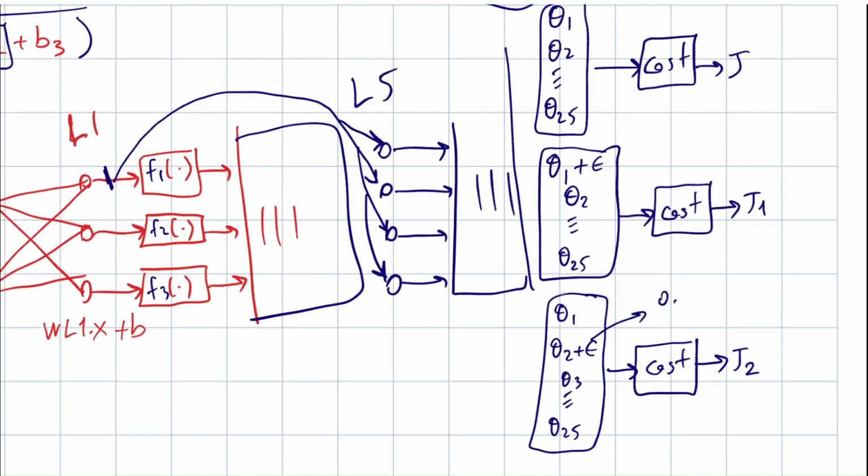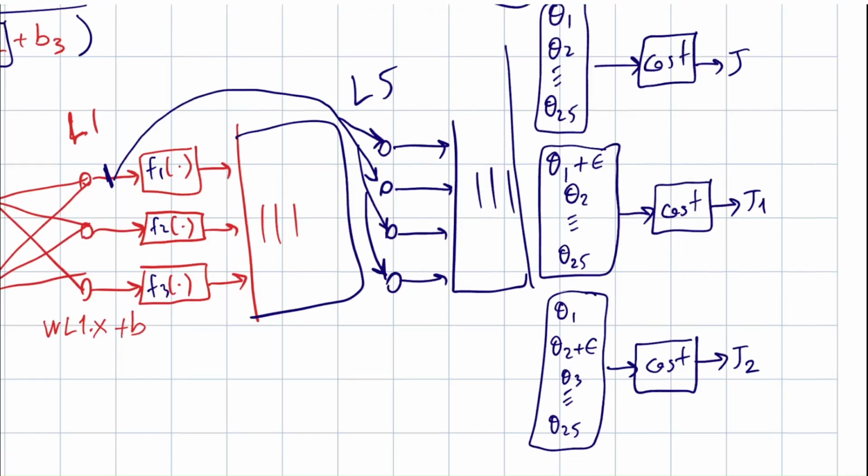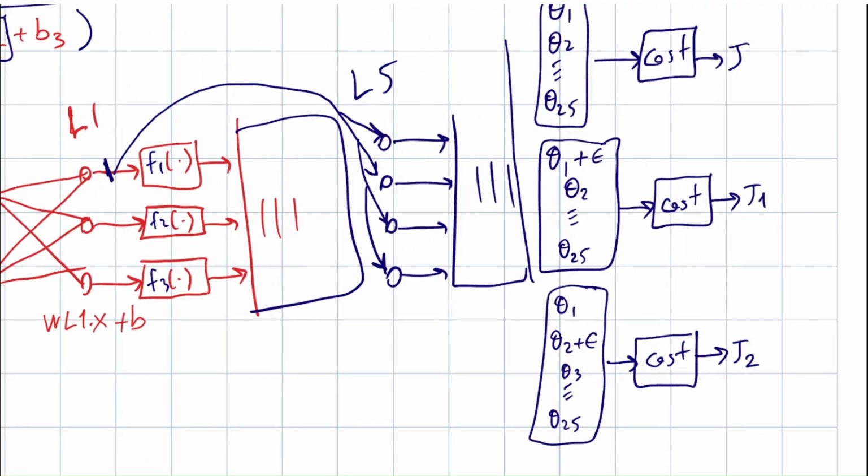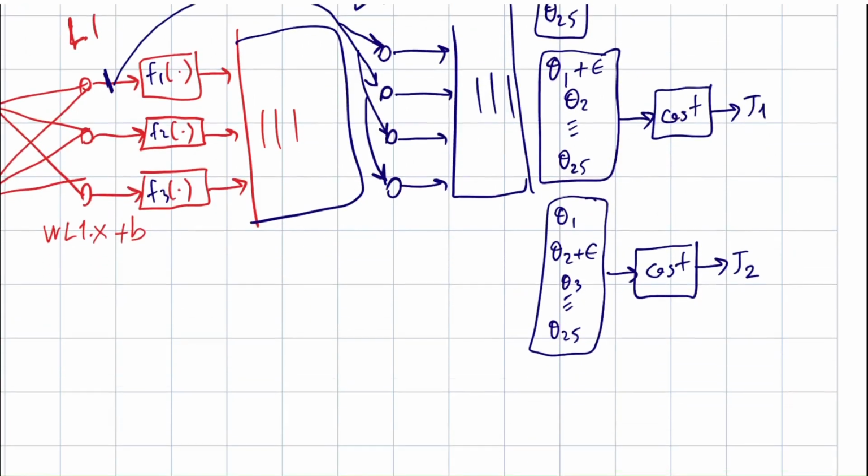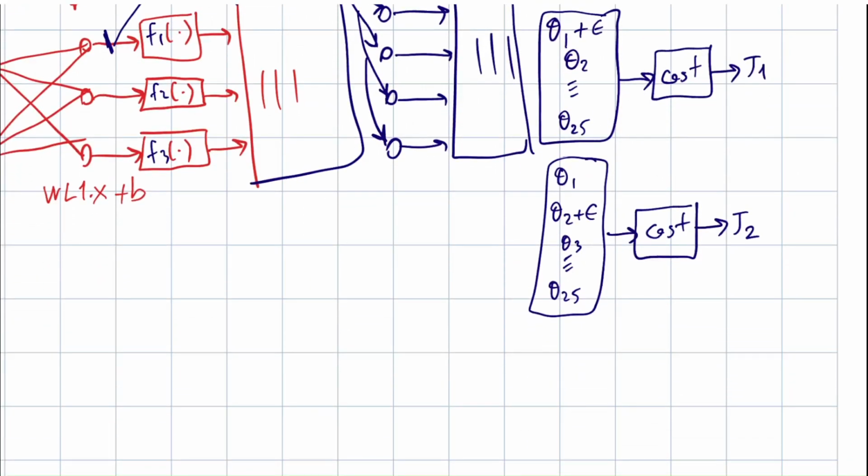Epsilon is a small number, like 0.0001. So you just tweak that parameter and calculate the cost. Again you do that for theta 3, theta 4, etc., up to theta 25.